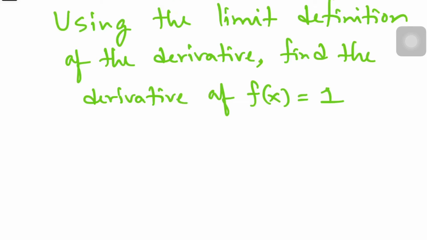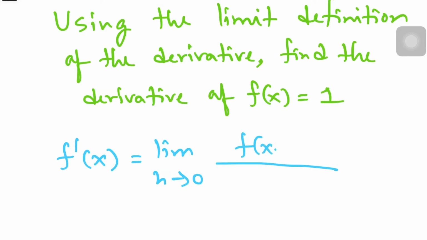The limit definition of the derivative says f prime of x equals the limit as h approaches 0 of f of x plus h minus f of x, divided by h. As you can see, we need the value of f of x plus h.